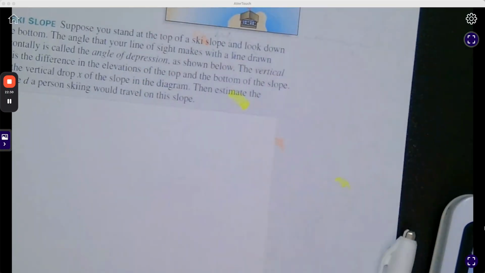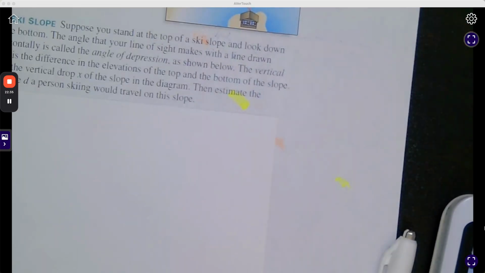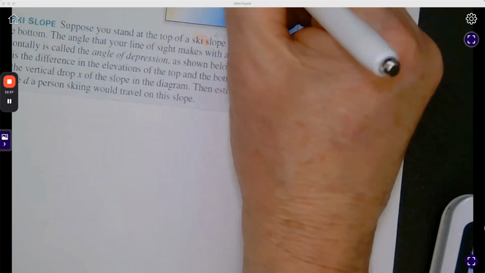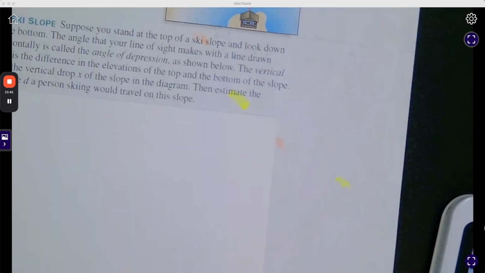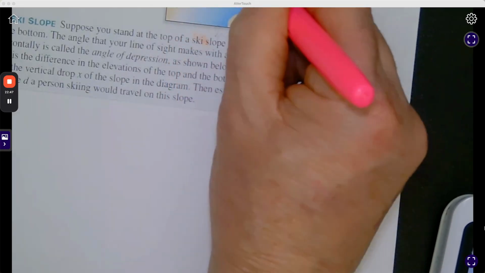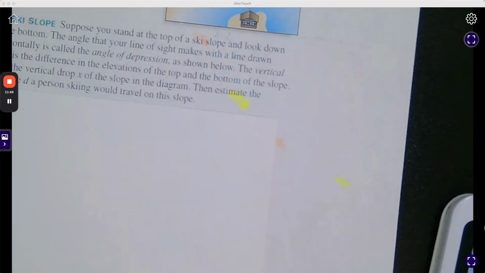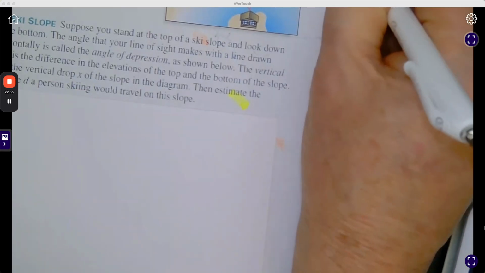Okay, so start with what you know. You know that acute angle. You know this side, which is the adjacent. And you're looking for what's across from that side, and what's across is D. All right, so let's write what we know. We know our theta.